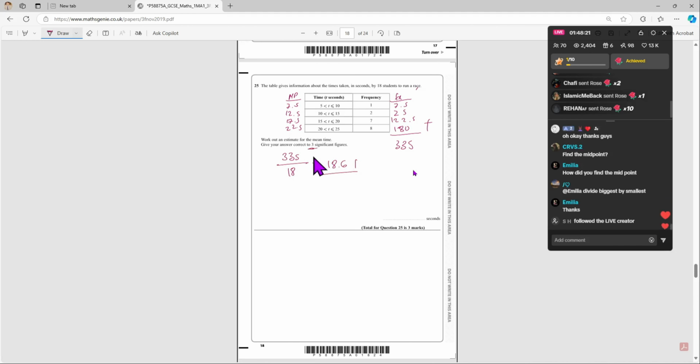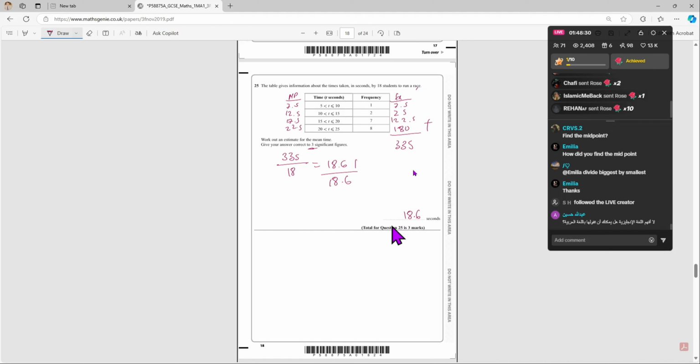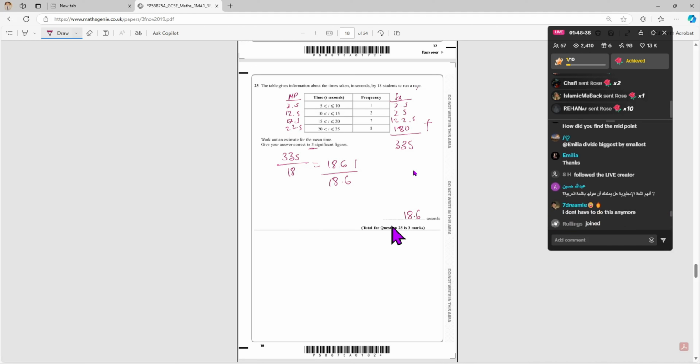Then you have to give it to 3 significant figures, which will be 18.6. So that will be your answer, 18.6 seconds, okay?